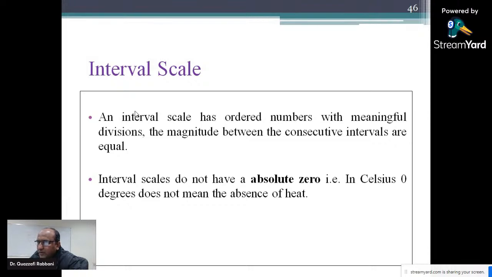In interval, you can use identity as well as magnitude as well as interval. For example, in Celsius, 0 degree does not mean the absence of heat. Zero temperature means temperature is something. So if 0 means something in quantitative data, then these data are measured on interval scale.